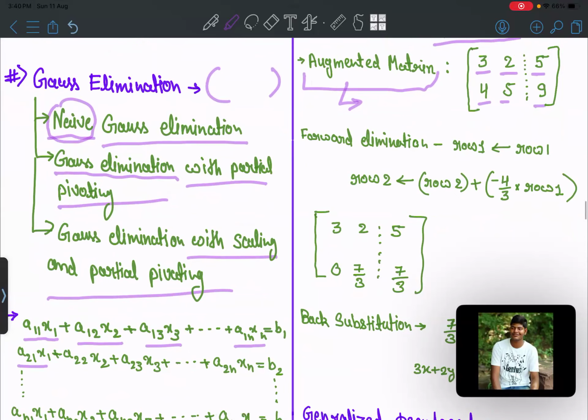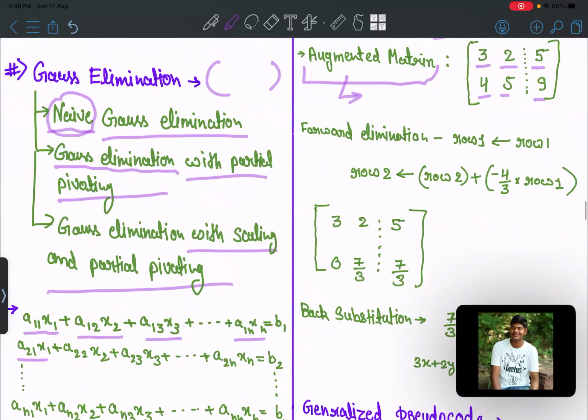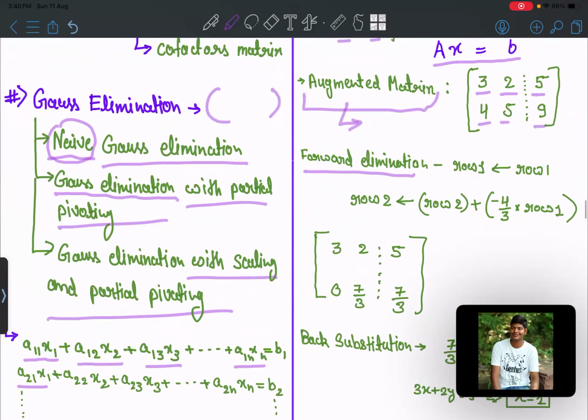So what do we do in forward elimination? We select a pivot element, which is the diagonal element of the ith row. Suppose here in the first row, the diagonal element is a11. This is my pivot. So we select a pivot.